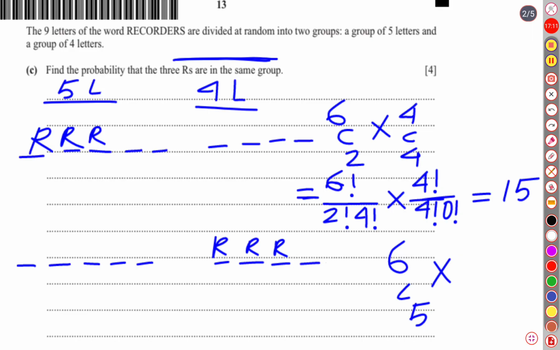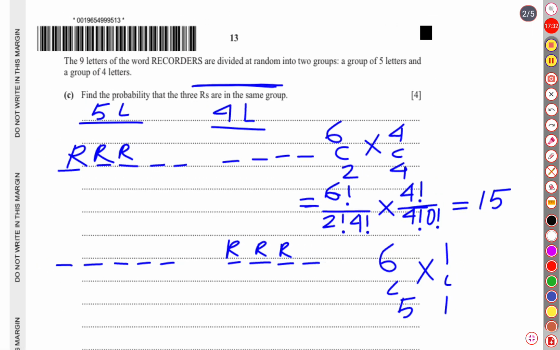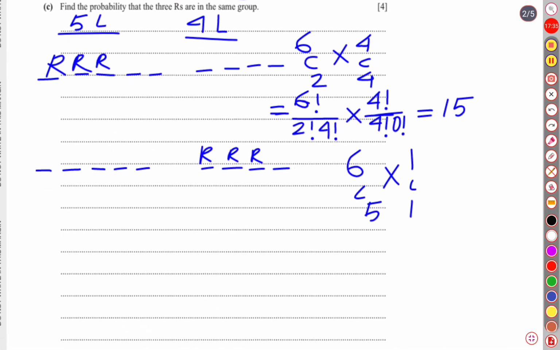Actually out of 9, 5 letters have been chosen here, and 3 R's have been chosen. So 8 letters have already gone away. There remains only 1. So from 1 letter, if we choose 1, it is going to be actually 1. Okay, after that, if we calculate this, what is it going to be? 6 choose 5 equal to, we can write 6 factorial over 5 factorial, and if we subtract 5 from 6, it is 1 factorial into 1 choose 1, which means actually simply 1.